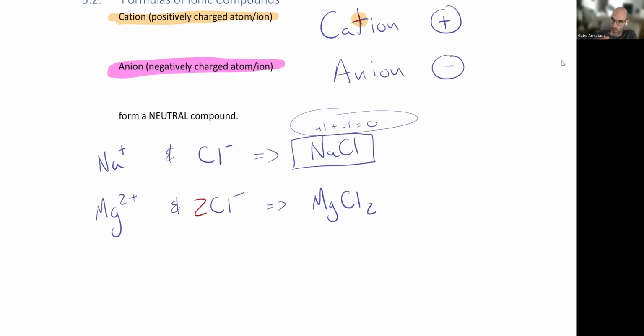When they're ions, we put the number out front, but when they're in a compound, we're going to put them as subscript. So here I have a +2 charge from the magnesium, and I have two -1 charges from the chlorine. So together, that's going to be neutral, and we're left with our magnesium chloride. One magnesium to two chlorines should make the thing neutral.